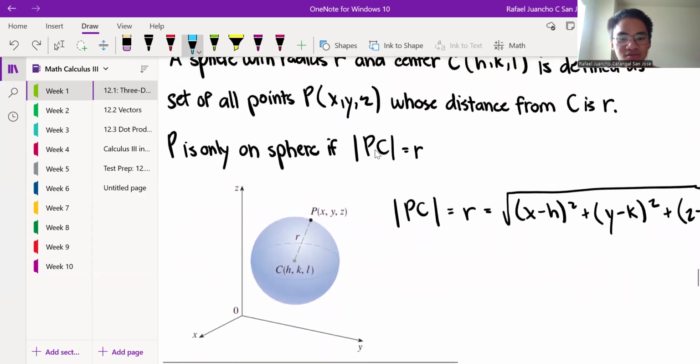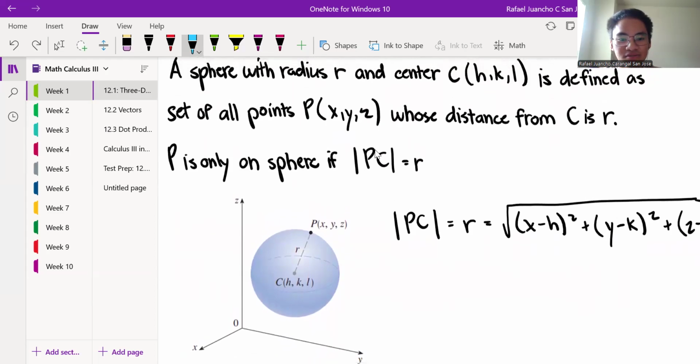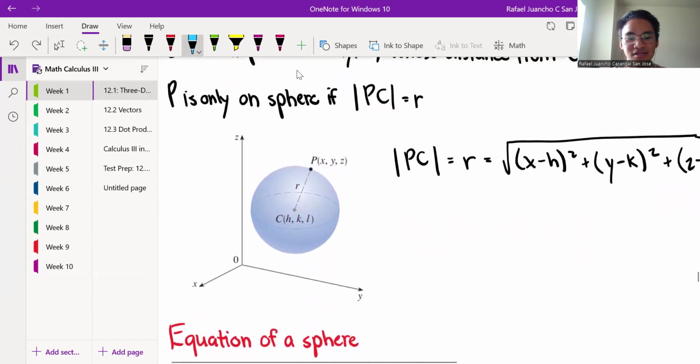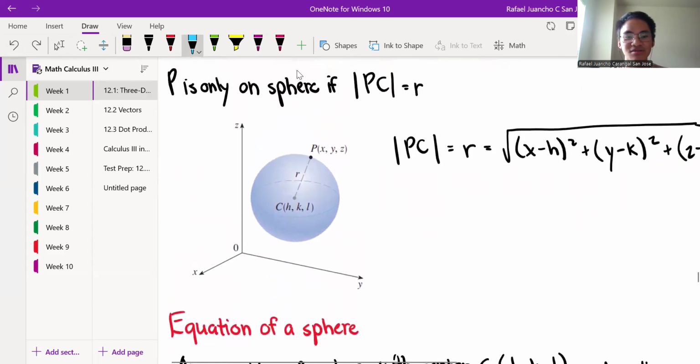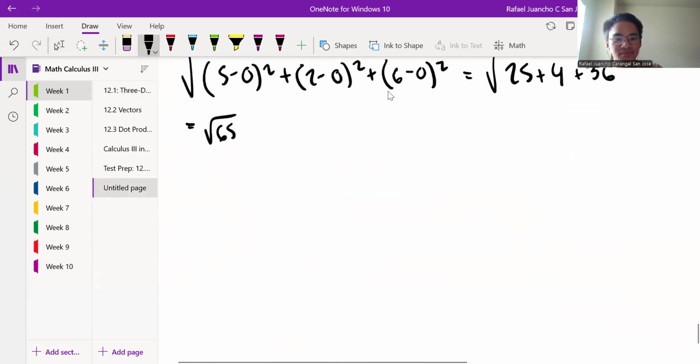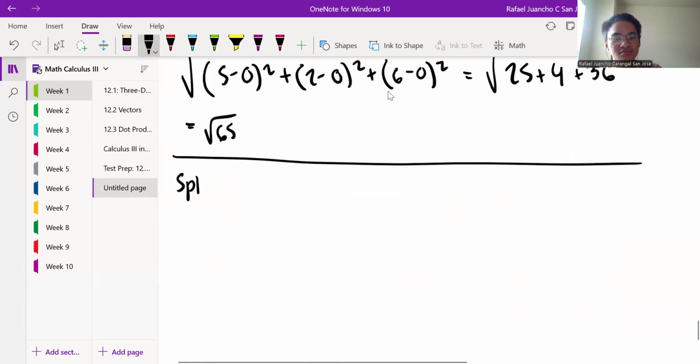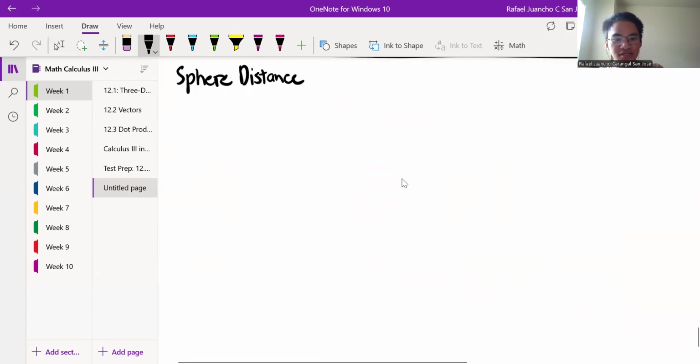So we have a pretty good visualization here. P is only on the sphere if the distance from P to C is exactly r, right? So we can actually derive a formula for this. Now we're talking sphere distance, and it's kind of similar to our 3D distance formula.